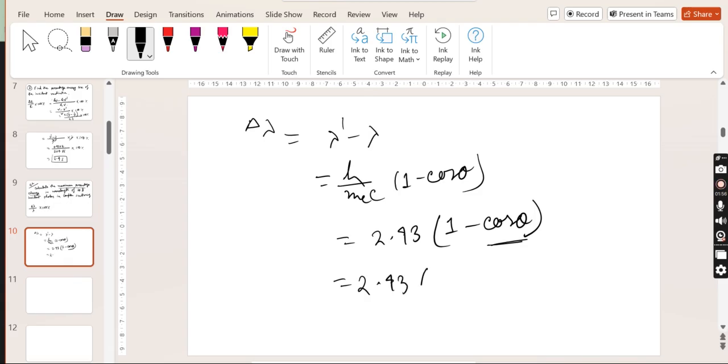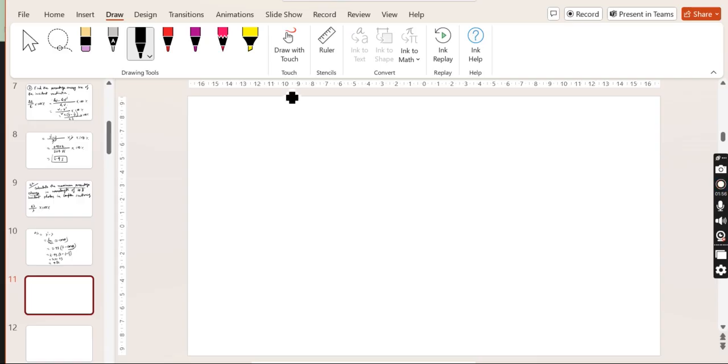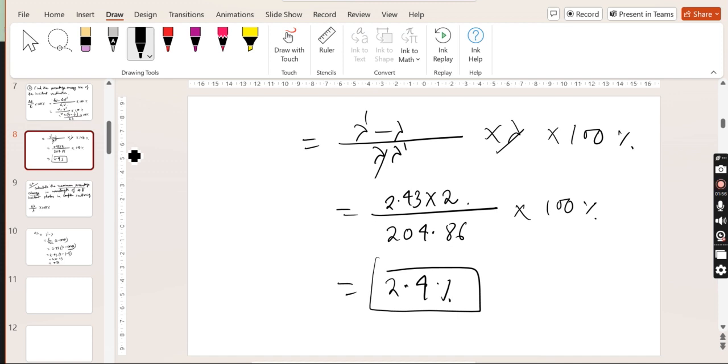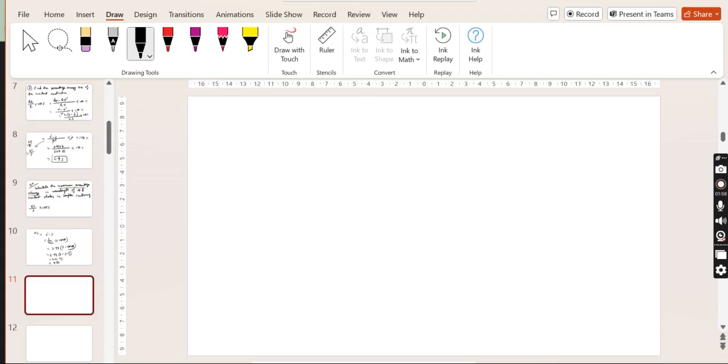So 2.43 into (1 minus minus 1) is 2 into 2.43, that is 4.86. Interestingly, for energy, the percentage of energy change is delta lambda by lambda dash. Here, what percentage of wavelength changes is delta lambda by lambda.